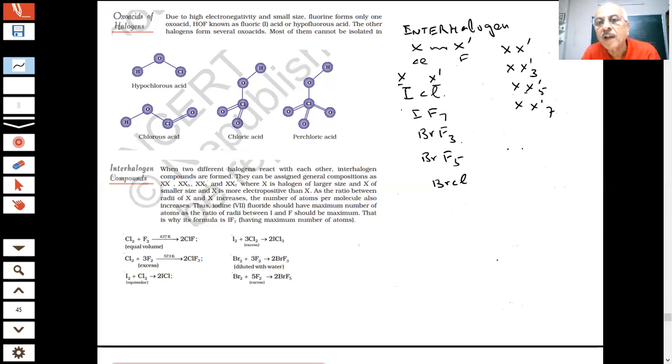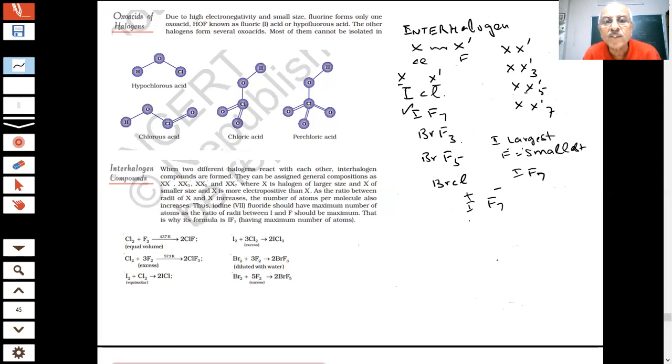I is the largest and F is the smallest. So you are able to form IF7. And when I say IF7, you can say that this is plus and this is minus. Fluorine is more electronegative than this.